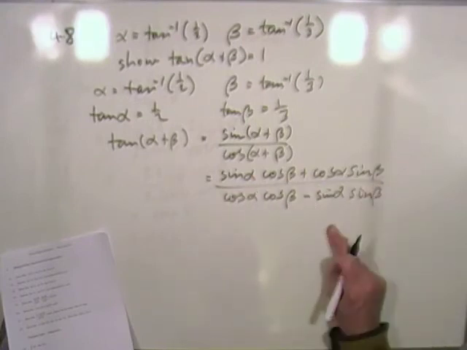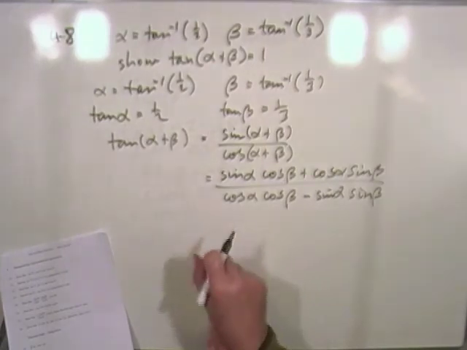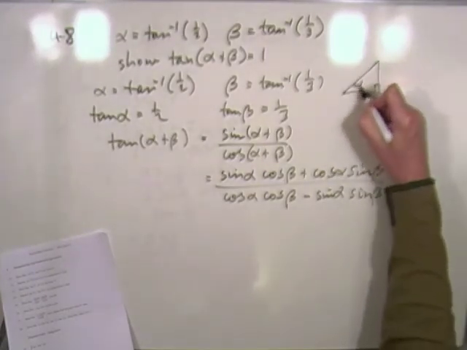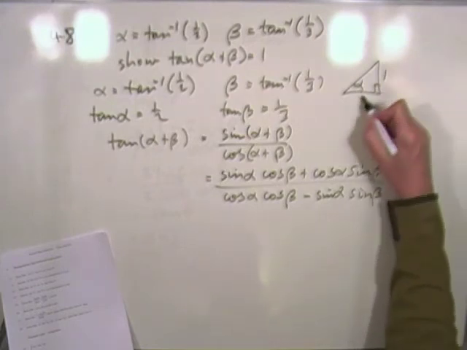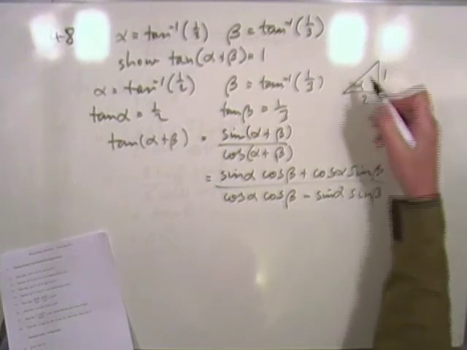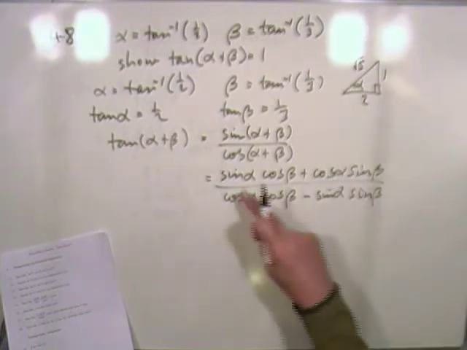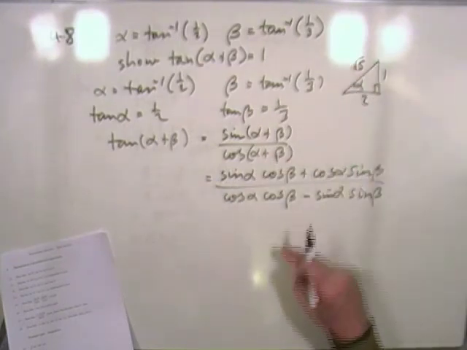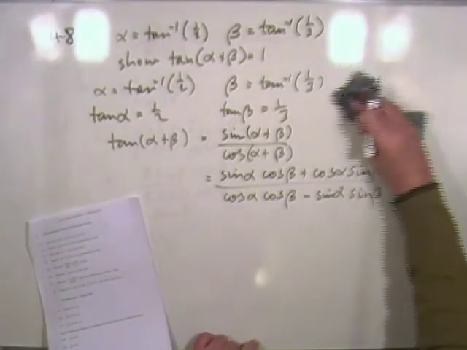Now you could evaluate that now by taking these two in that similar fashion of reconstructing the triangles, so that if the tangent of the angle alpha is a half, that means that makes a half. And then you could find the length of that side, 1 and 4 is 5, that would be root 5. And then I could start filling in all the alpha ones here with 1 over root 5s and 2 over root 5s. But I'm not going to.